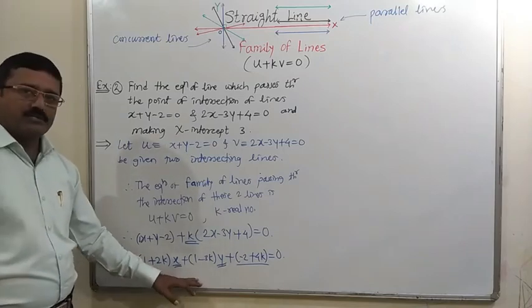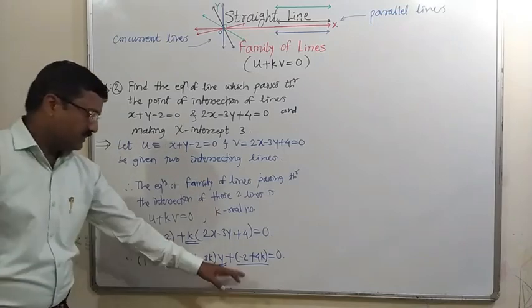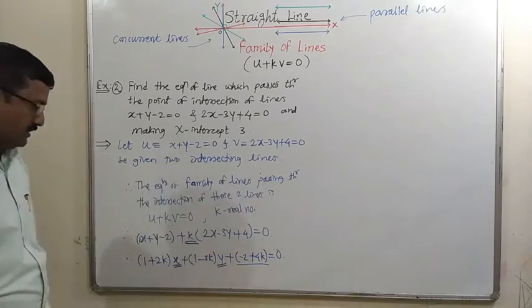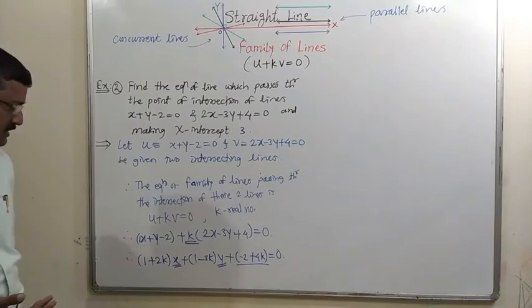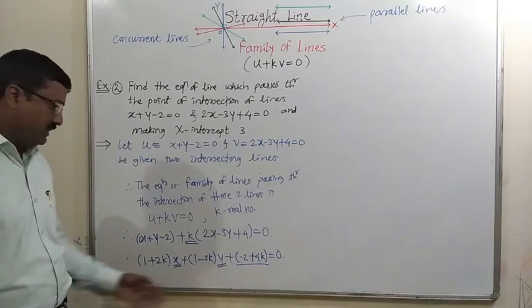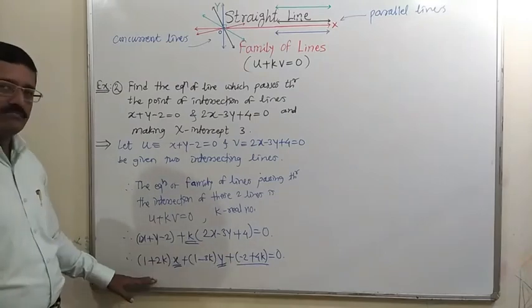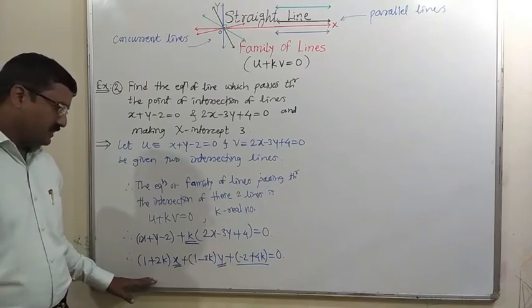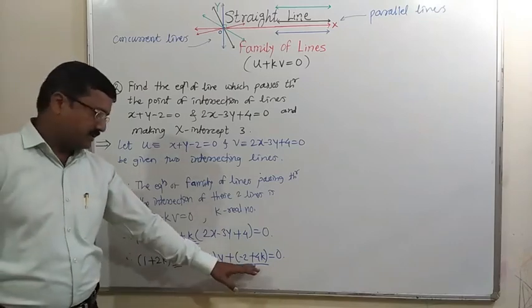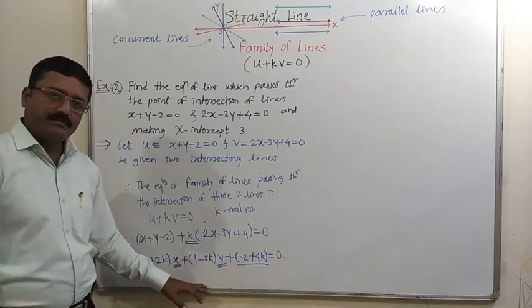What will be the x-intercept? For that, we have to convert this equation into double intercept form. Take the constant to the right and take it to the denominator. Or if you know the formula, the x-intercept is minus c upon a, and the y-intercept is minus c upon b.